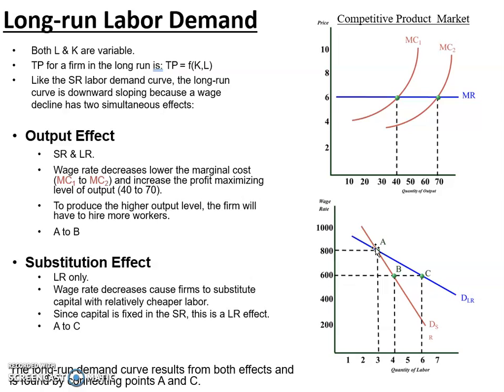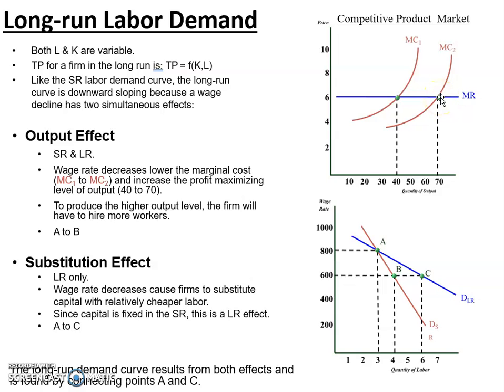And that's a movement from A to B. Thus, this movement from A to B from the lower wage is purely an output effect. They hired an additional worker, 3 to 4 workers, in order to increase the production of output from 40 to 70.